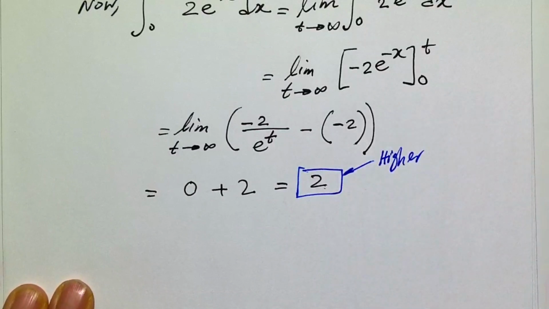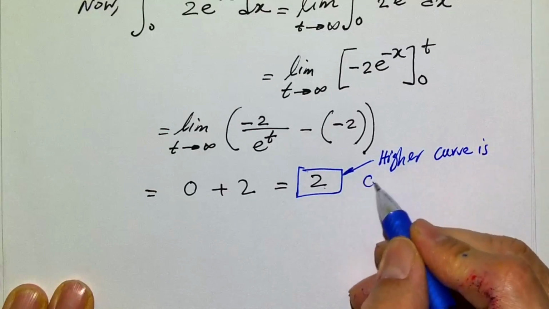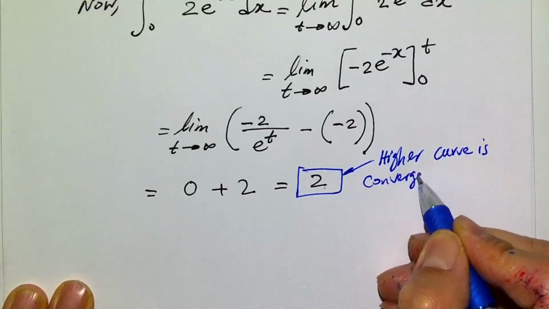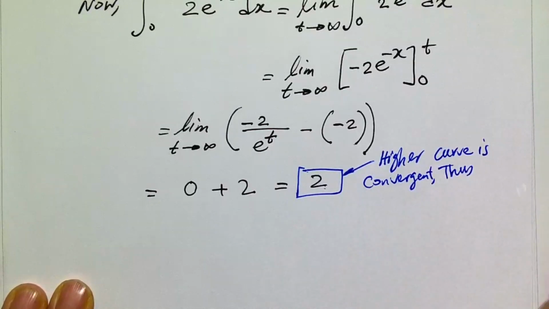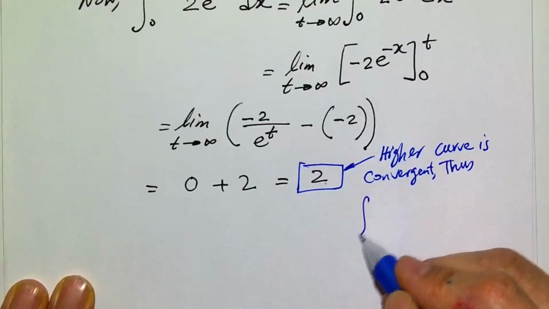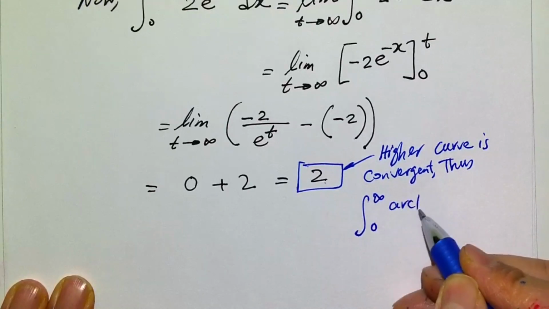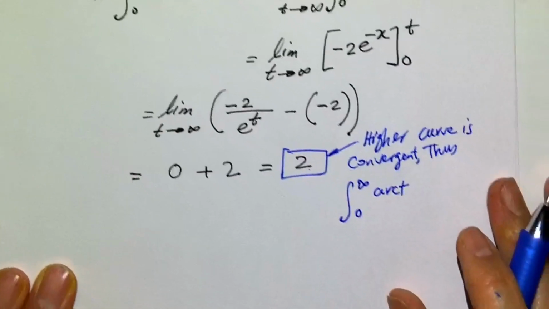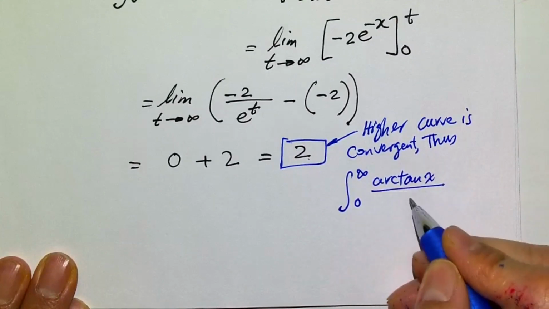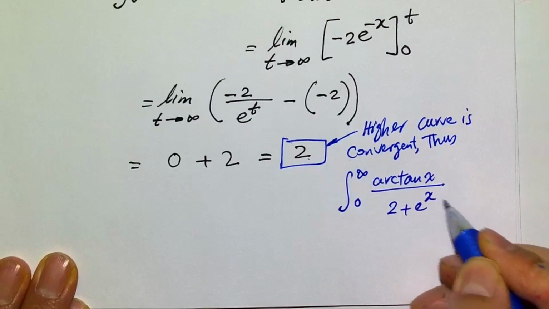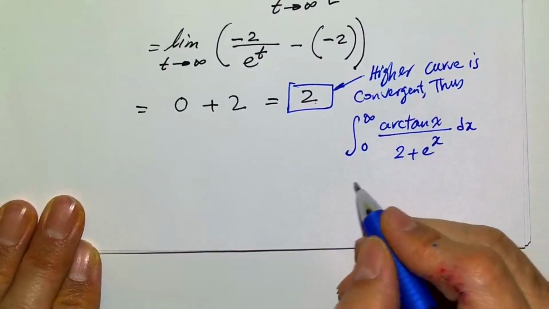The higher function or higher curve is convergent, thus the lower curve, which is what we have, the integral from 0 to infinity of arctangent, is also convergent.